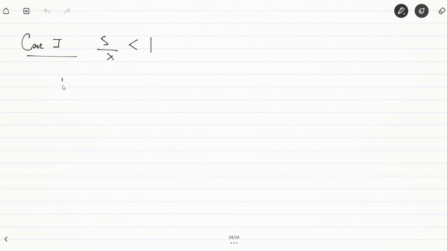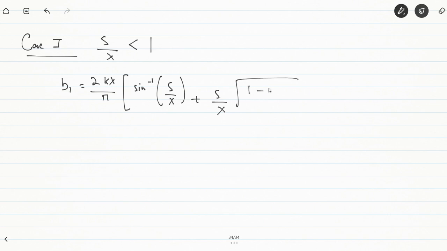In that case, you'll again find out b1. When you find it out, you see it will be equal to 2kx divided by pi times sine inverse of s divided by x plus s by x times the square root of 1 minus s by x whole square, right? So this will be our b1. Similarly, you can find out phi, it will be equal to 0 again.